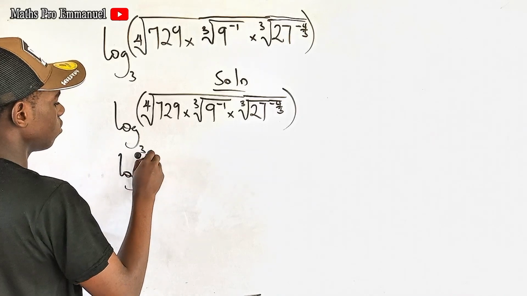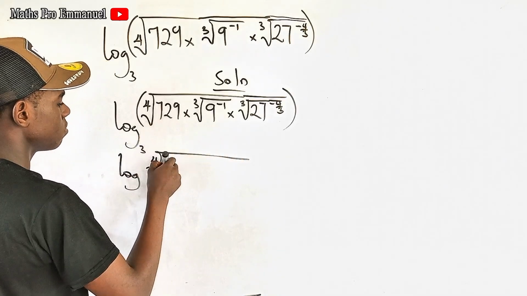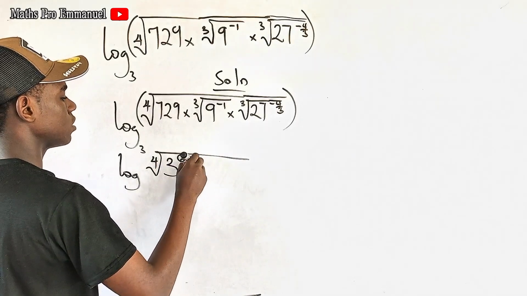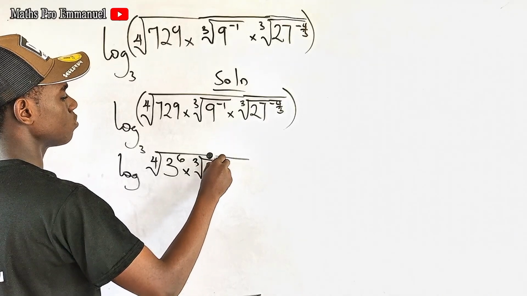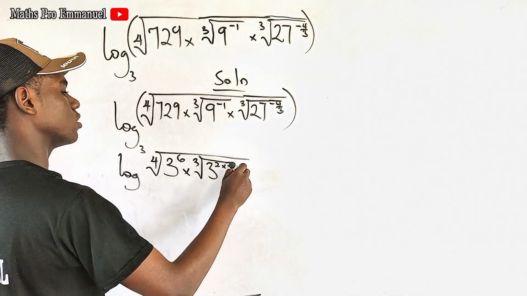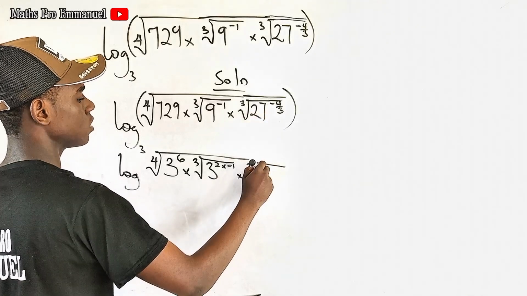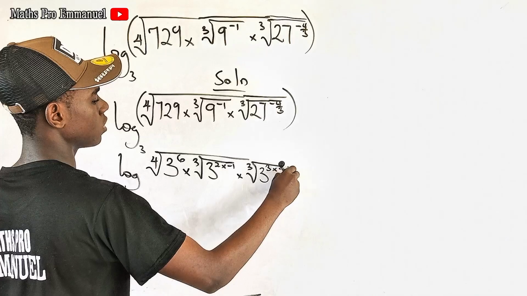So here I have log fourth root of, now 729 is the same thing as 3 raised to the power of 6. Then times the cube root of 9, which is the same thing as 3 raised to the power of 2, times minus 1, times the cube root of 27, which is the same thing as 3 raised to the power of 3, times minus 4 over 3.